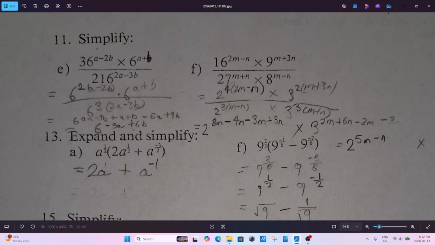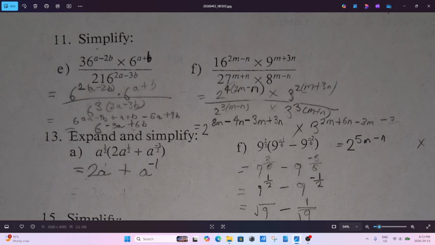So we're going to rewrite 16 as a power with base 2, 9 as a power of base 3, 27 as a power of base 3, and 8 as a power of base 2.